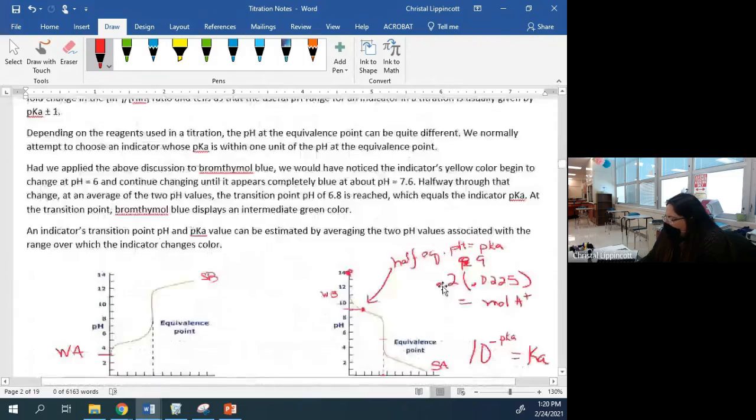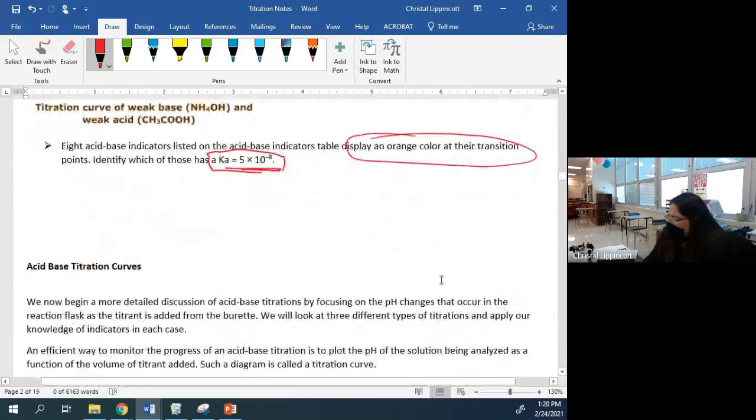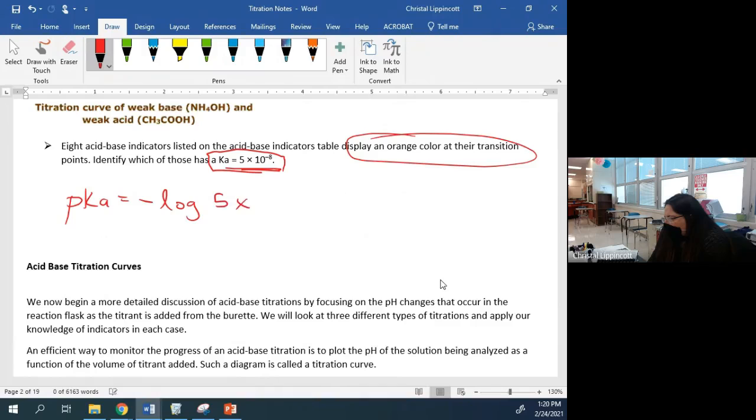We know that our pKa value will be negative log of this. So pKa equals the negative log of the Ka value, which is 5 times 10 to the minus 8. So when I do that, I end up with a pKa of 7.3.